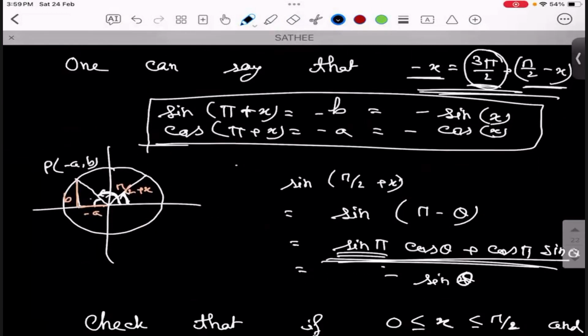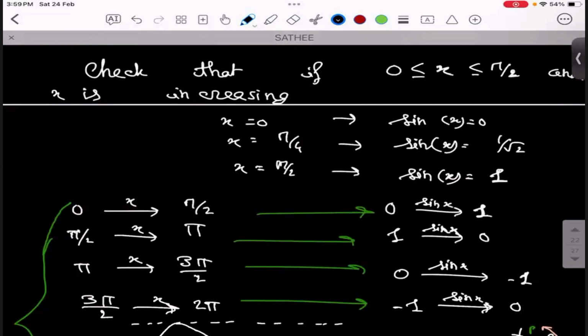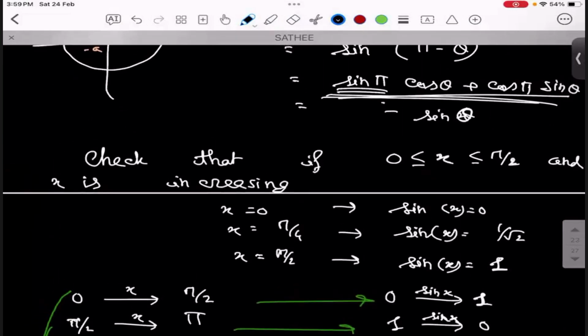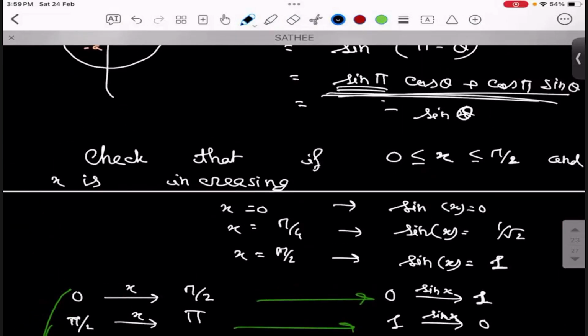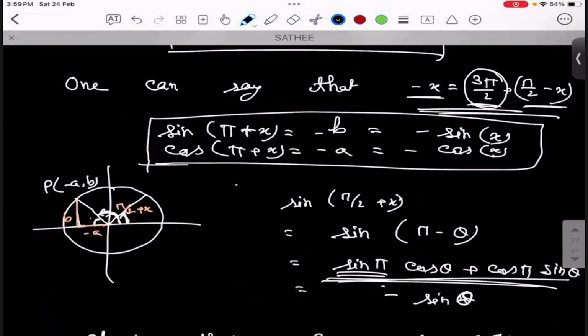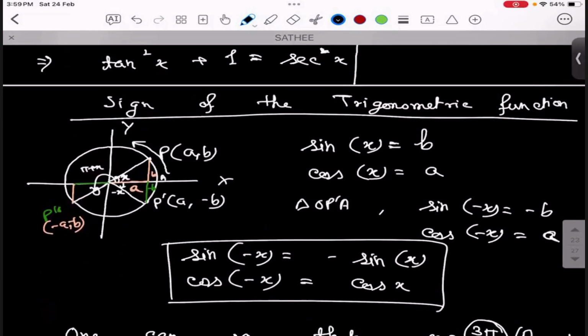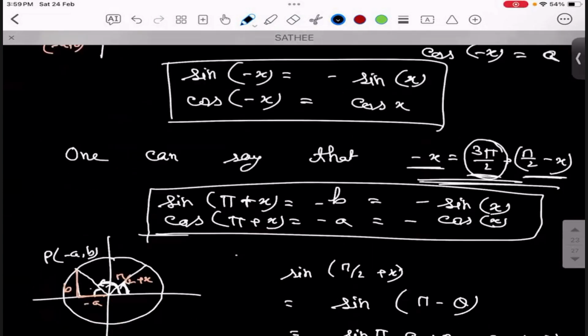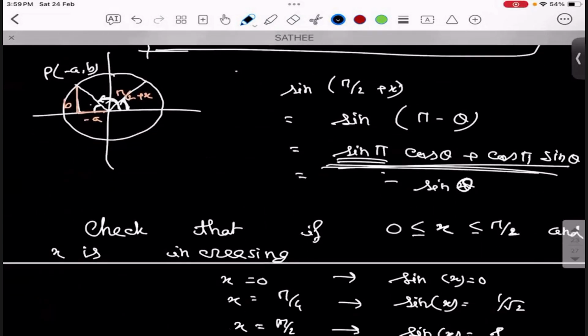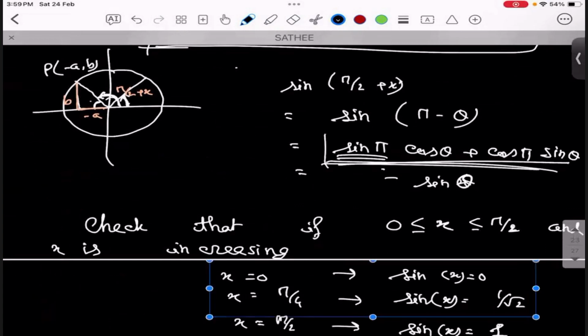Okay, and after that we will go with the graph of tan x and cot x, and how they will look, and after that we will go to the formulas. We have stated these things, though I have not used them today, but for some reason we have just stated them.